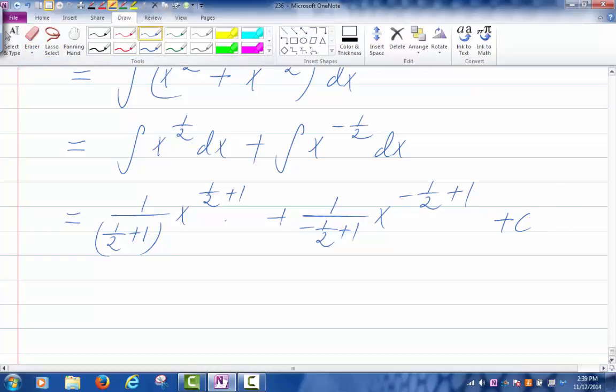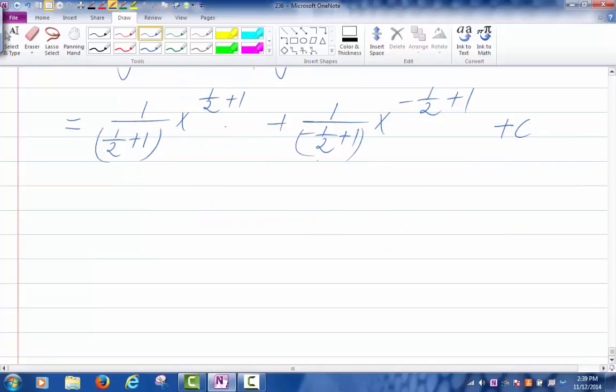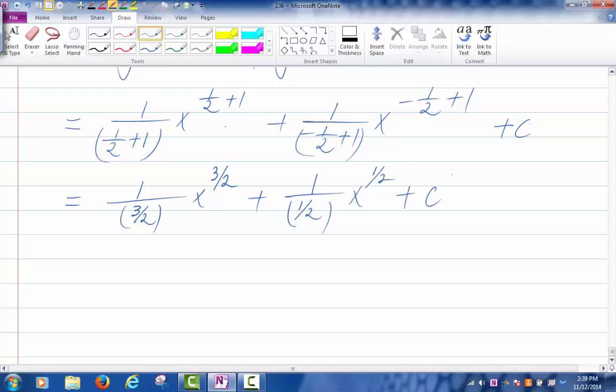Now I have to simplify what I have here. In the first case, I have 1 over 3 half, x to the 3 half. In the second case, I have 1 over 1 half, x to the 1 half, plus a c.